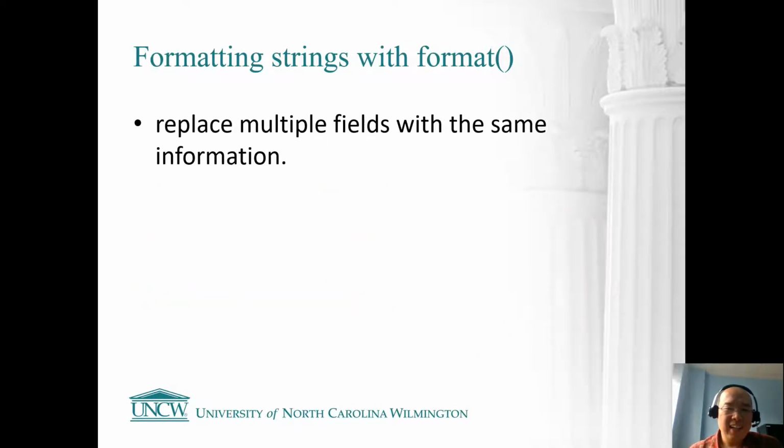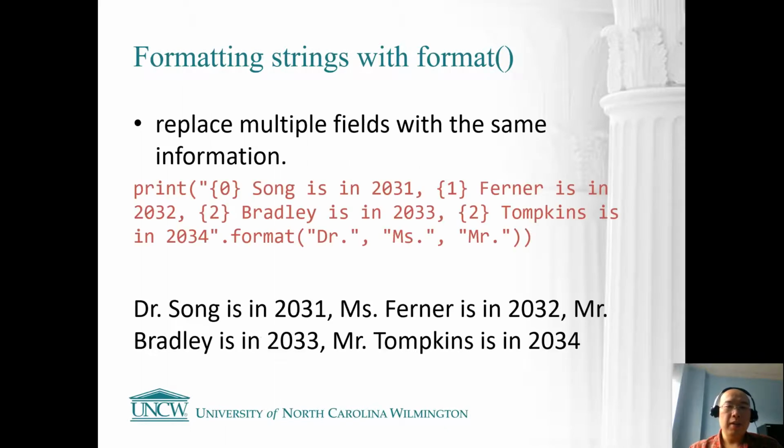Okay, and another thing about doing the dot format is you can reuse the same value if you are backfilling in multiple slots with the same value. So here's another example. I have placeholder 0, placeholder 1, placeholder 2, and placeholder 2. Okay, 2 placeholder 2. Why?